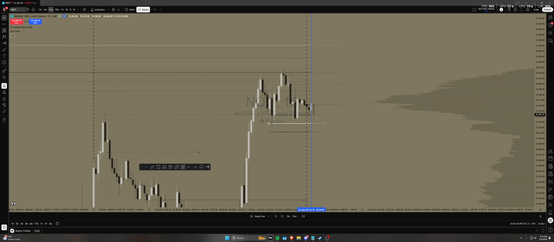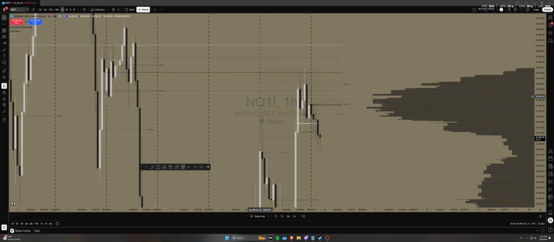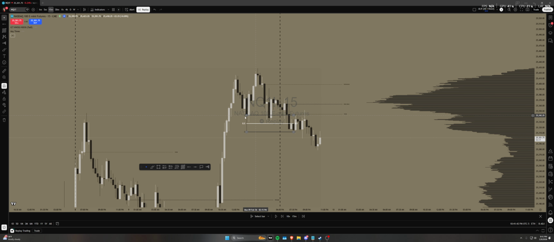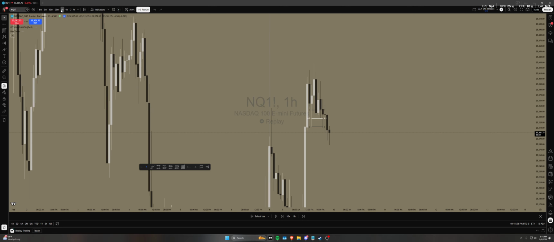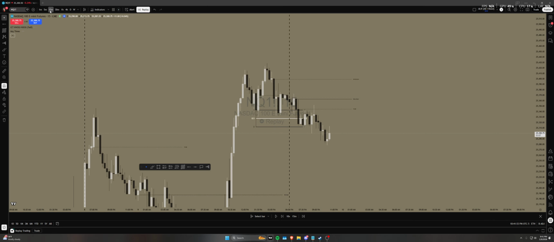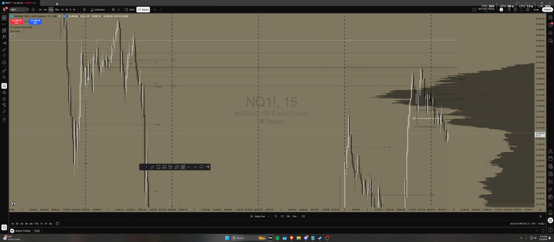So what I looked at is I took the profile appropriately this time. I took this complete profile into this day, and I was looking at structural alignment. I saw this wick, which was kind of clean, supported by, oh yeah, it's all the way back here.